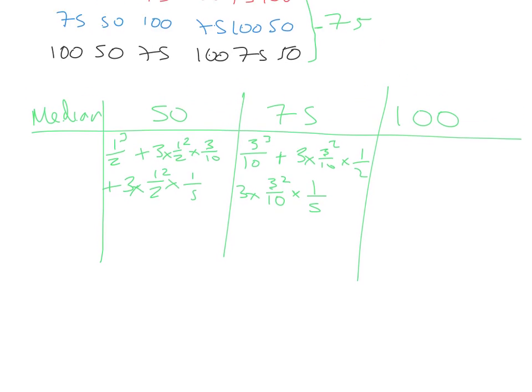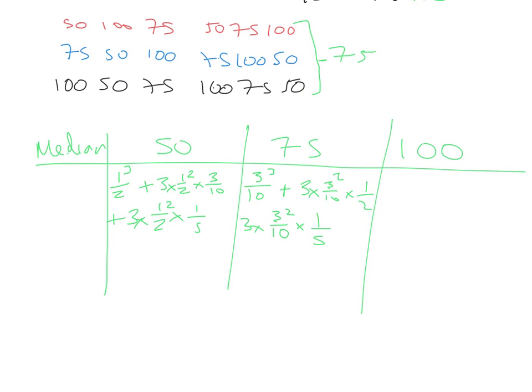But also we have this scenario where you have one of each, and there are 6 possible combinations of that. So to add to this, 6 times 3 over 10 times a half times a fifth. That's the probability of each one.